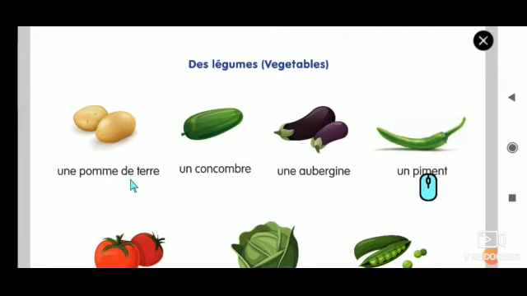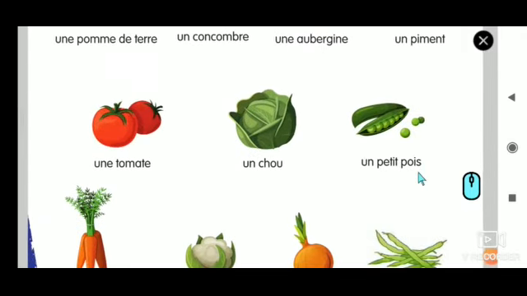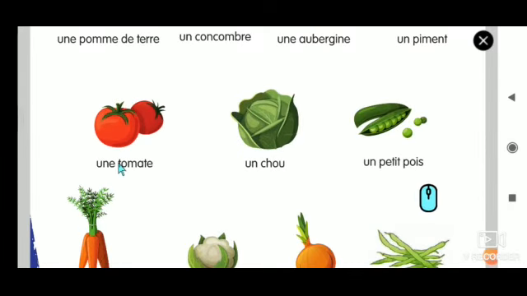Une pomme de terre, potato. Un concombre. Une aubergine. Un piment. Une tomate. Un chou. Un petit pois.